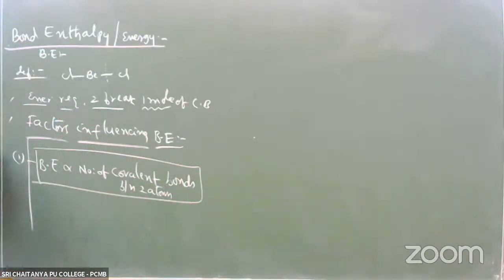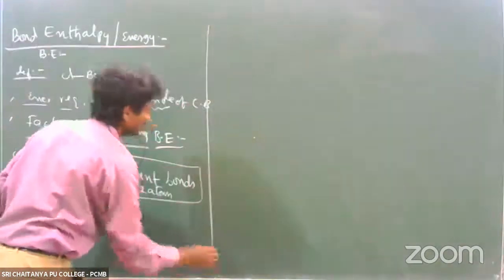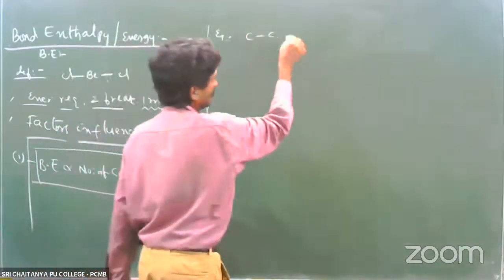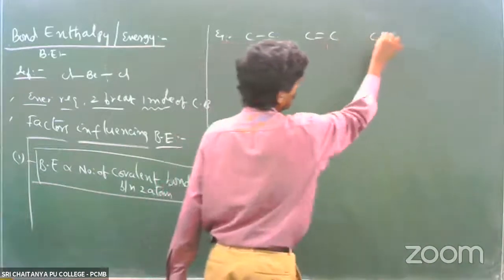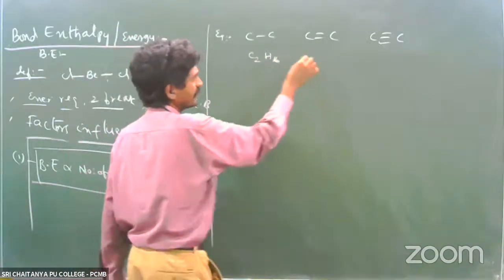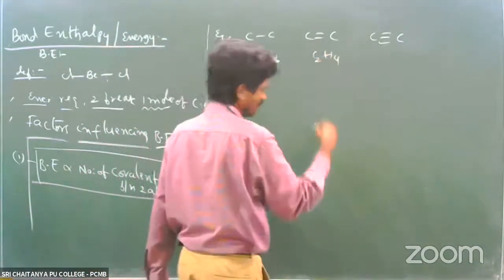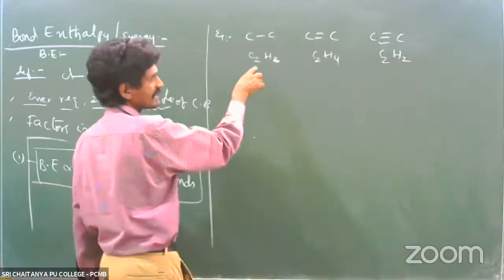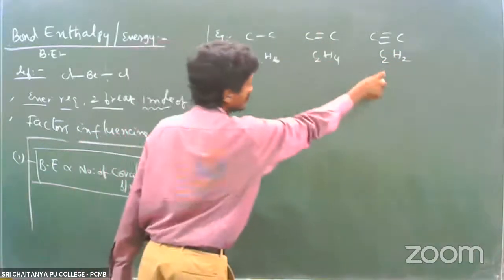For example, carbon single bond, carbon double bond, carbon triple bond. Take C2H6 alkane, C2H4 alkene, C2H2 alkyne. These are ethane, ethene, ethyne.